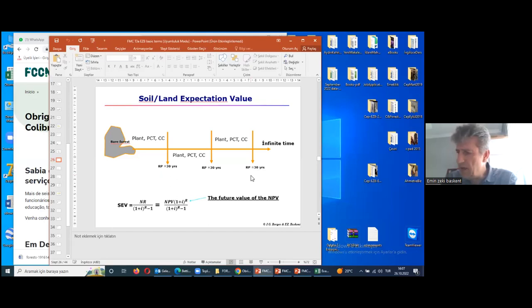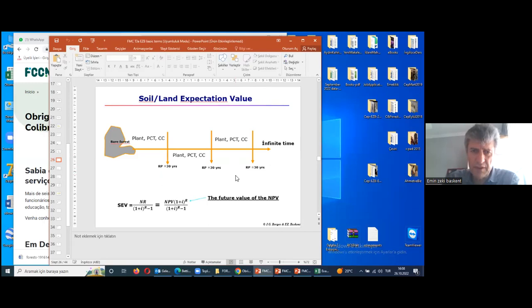The financial criteria are net present value, internal rate of return, benefit cost ratio, soil expectation value or land expectation value, also called the Faustman formula, and then annual equivalent cost. There is also one more that we'll talk about, and we will finish up this topic today.